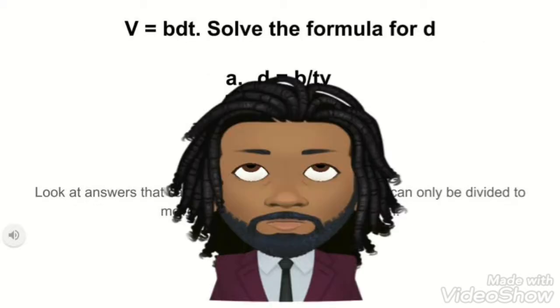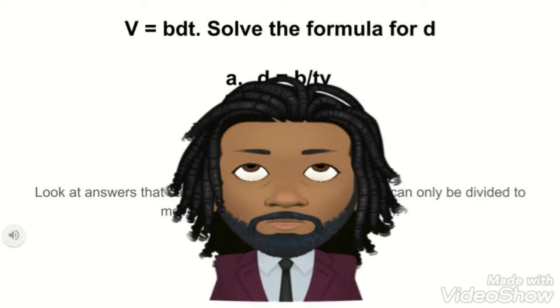Okay, so the next one says V equals BDT. Solve for D, as in David. So I have V for Victor equals B as in boy, D as in David, T as in time. Now, in order for us to get D alone, we just have to simply do the inverse.